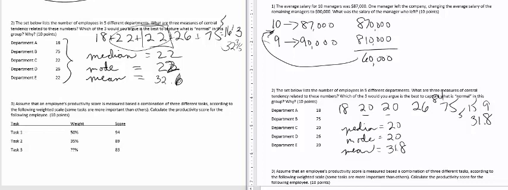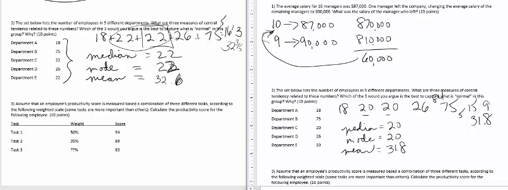On the left side is, assume that an employee's productivity score is measured based on a combination of 3 different tasks according to the following weighted scale. So these are weighted scales and probabilities. Some tasks are more important than others.